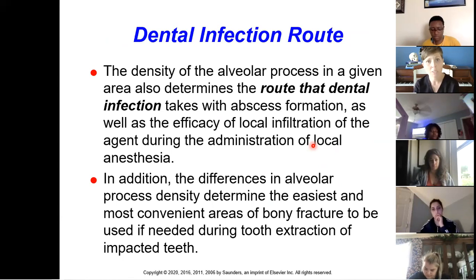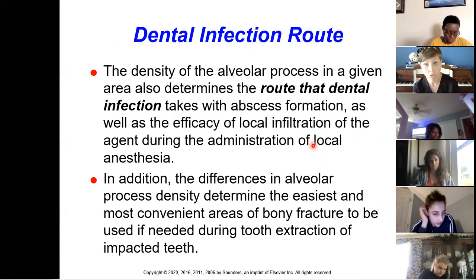Dental infection route: the density of the alveolar process in the given area also determines the route that dental infection takes with abscess formation, as well as the efficacy of local infiltration of the agent during the administration of local anesthesia. So if there is an infection, it's not ideal to give local anesthetic.